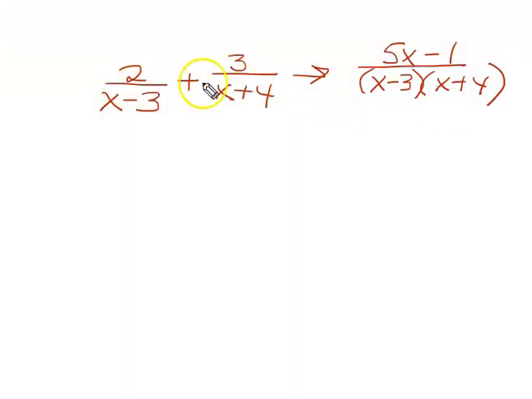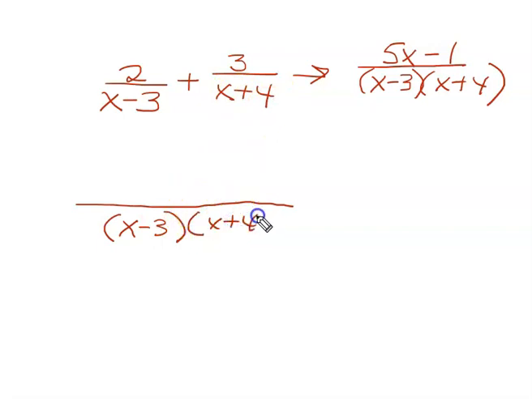Now, in order to add fractions with unlike denominators, we must first have a common denominator. So what is our common denominator here? Well, it's a combination of these two. So our common denominator is going to be x minus 3 and x plus 4. Now, we are allowed, and I'll change colors here to show you what I'm doing, to multiply each of these fractions by a 1.